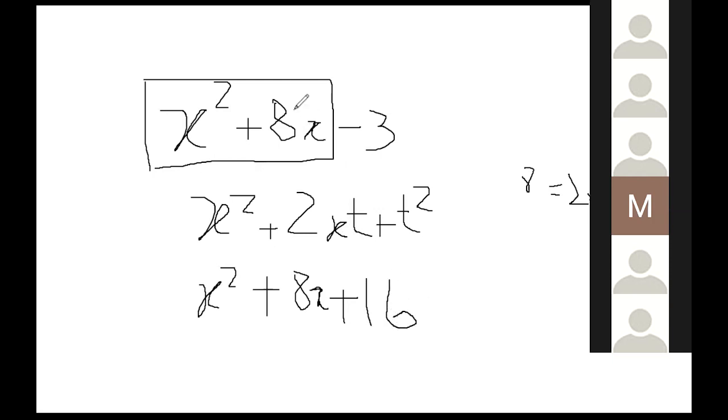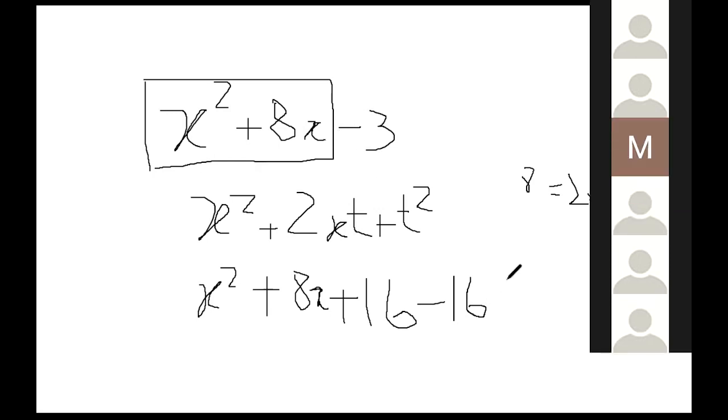But up here, I don't have 16. How can I add 16 and not mess up my equation? I can subtract 16 as well, right? So plus 16 minus 16 is 0, so I'm adding nothing to my equation. Then I still have minus 3 here.